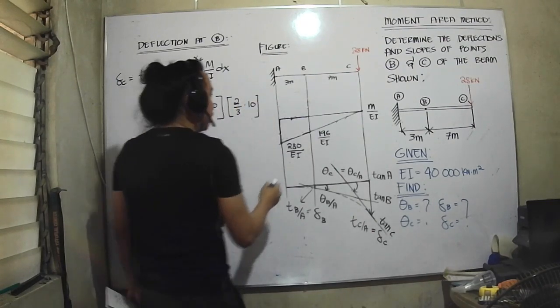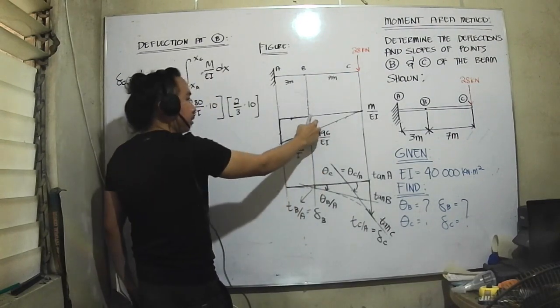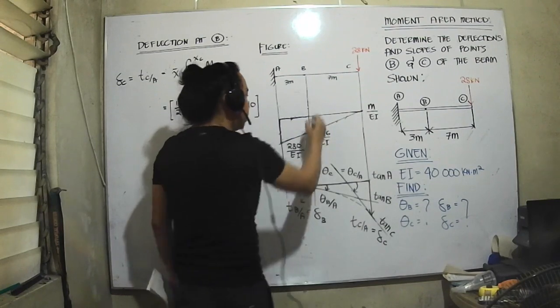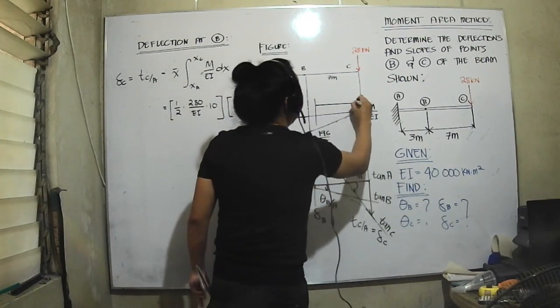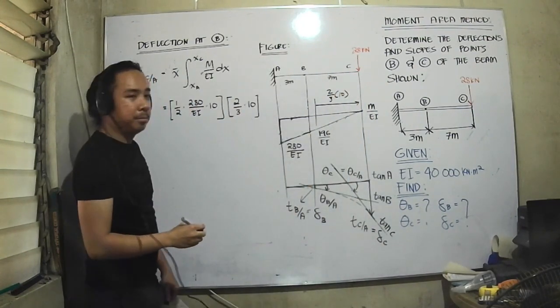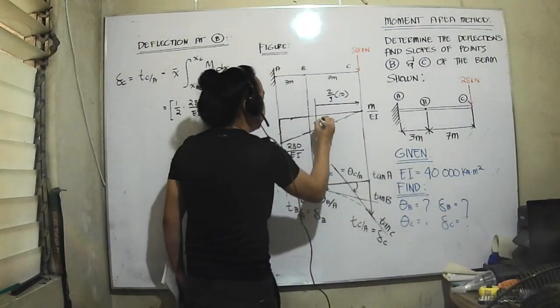Centroid niya pa ingon din ni kang C. It's just 2/3 of 10. Okay?